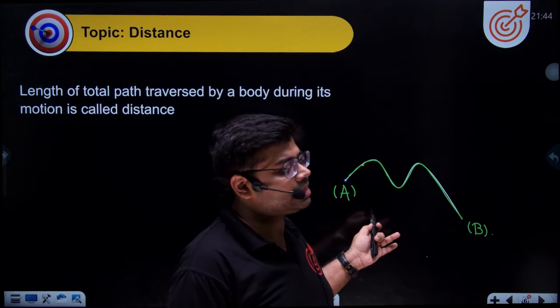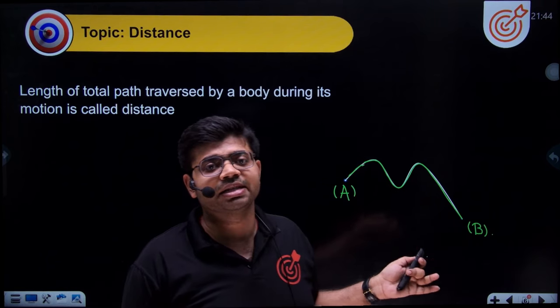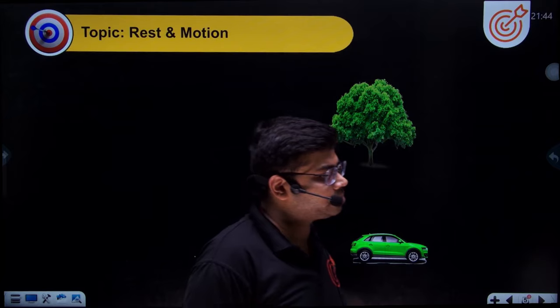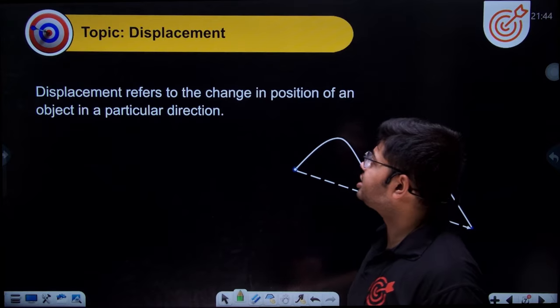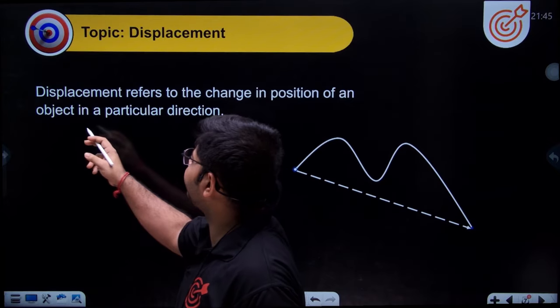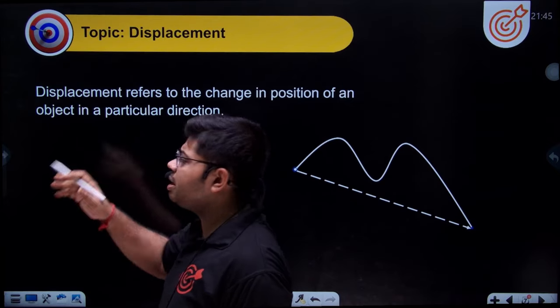So distance is fully a scalar quantity, right? Now, when we talk about displacement, what is displacement? Displacement refers to the change in position of an object in a particular direction. What is meant by that?